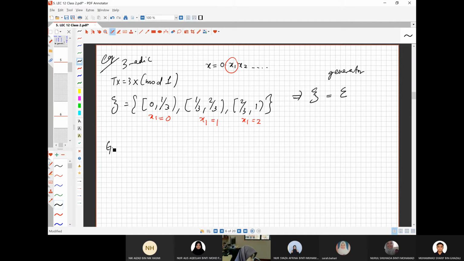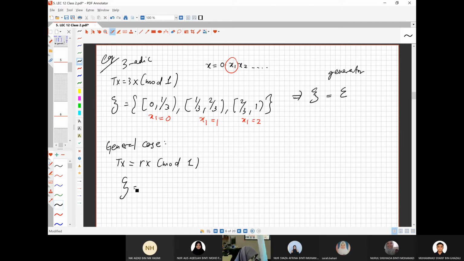So in general case, so if you have Tx is equals to Rx mod 1, where R is between what? Anything.